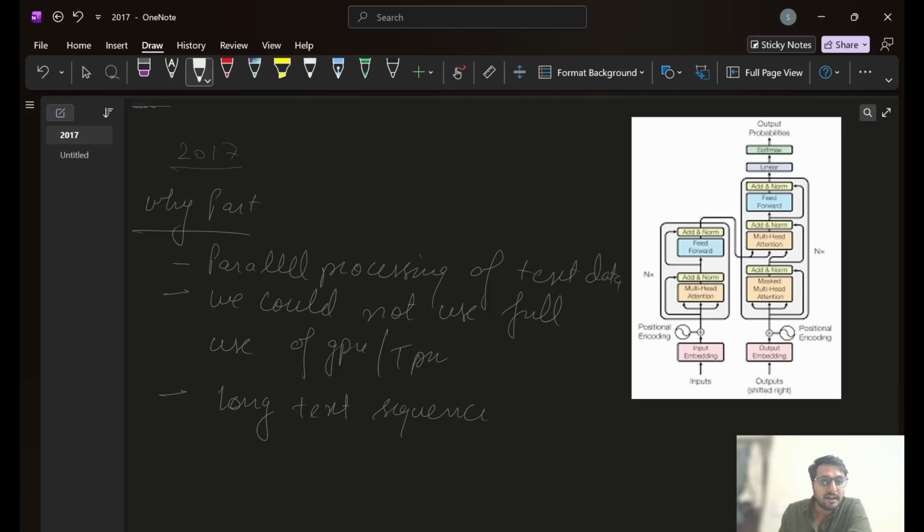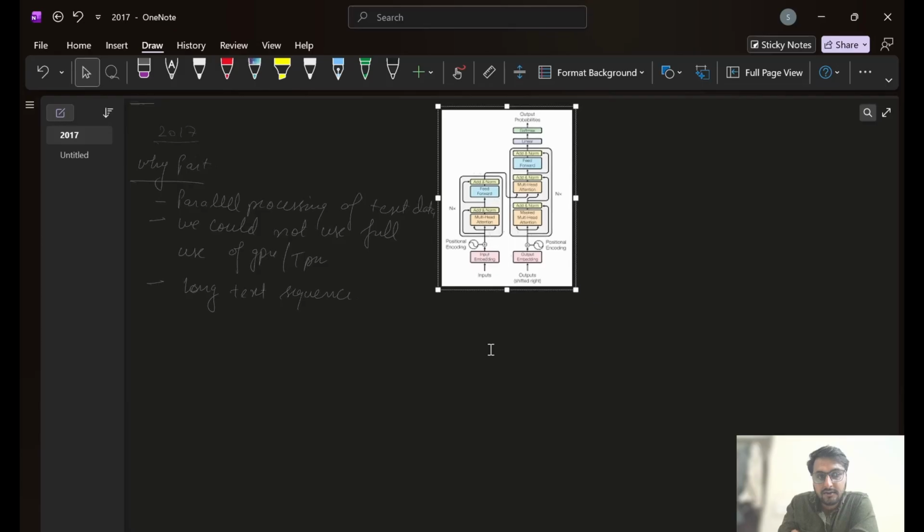In the encoder part, let me copy this image. I hope you can see the image. We are going to discuss only this part today, only the encoder part of this architecture.